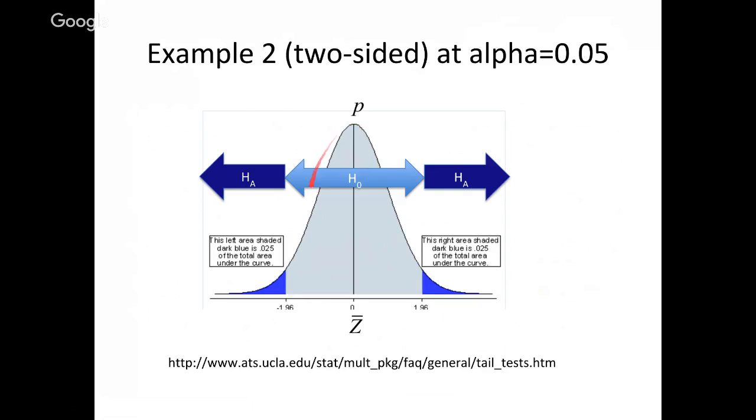Remember, this probability distribution is for the case where the null hypothesis is correct. So all of this is the probability we're going to get a particular z-score given that the null hypothesis is correct. There's a certain probability that the z-score is going to be out here. We're accepting the probability of getting the wrong answer, and that's why we're setting alpha equal to 0.05. We have to divide that 0.05 into upper and lower tail, so we've got 2.5% of the probability in the upper tail and 2.5% in the lower tail.